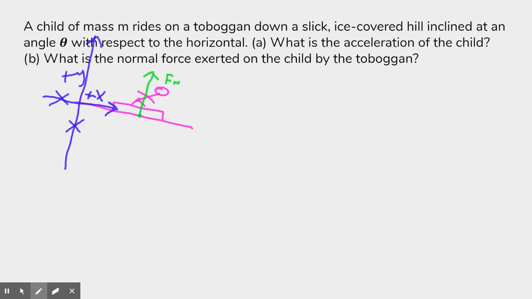And we also have the force of weight, which is just going to go straight down. So the weight will be here. That means the total sum of our forces is going to be that normal force plus the weight.